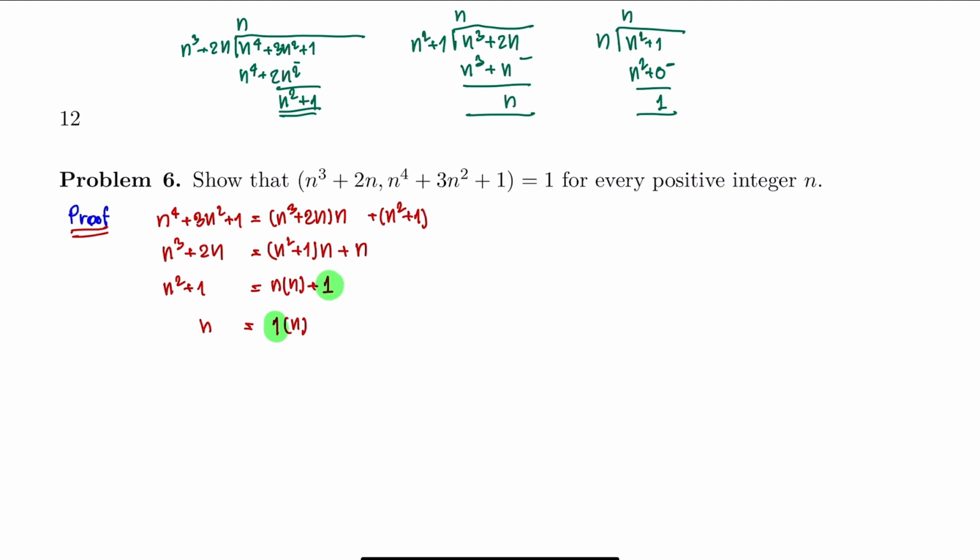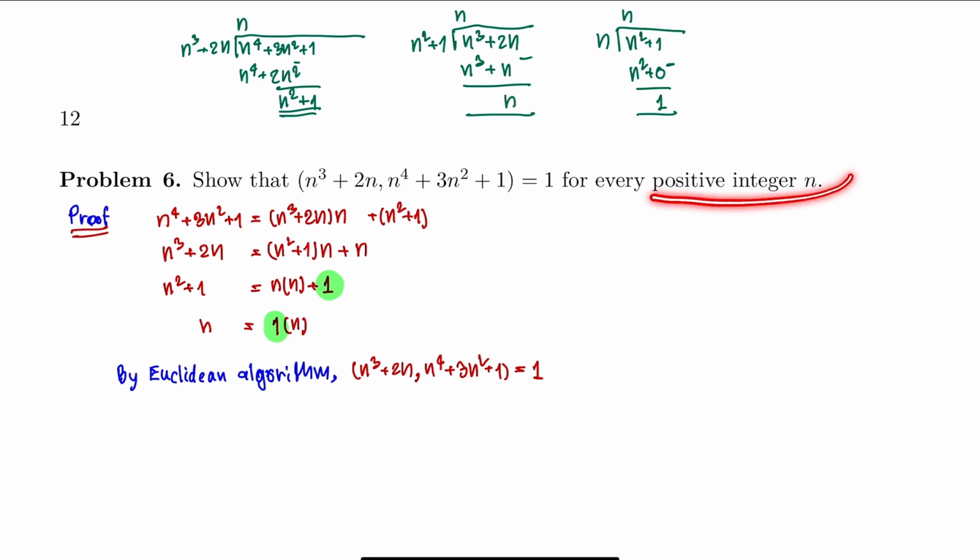This shows that, by the Euclidean algorithm, the greatest common divisor of n cubed plus 2n and n to the 4th plus 3n squared plus 1 equals 1 for all positive integers n.